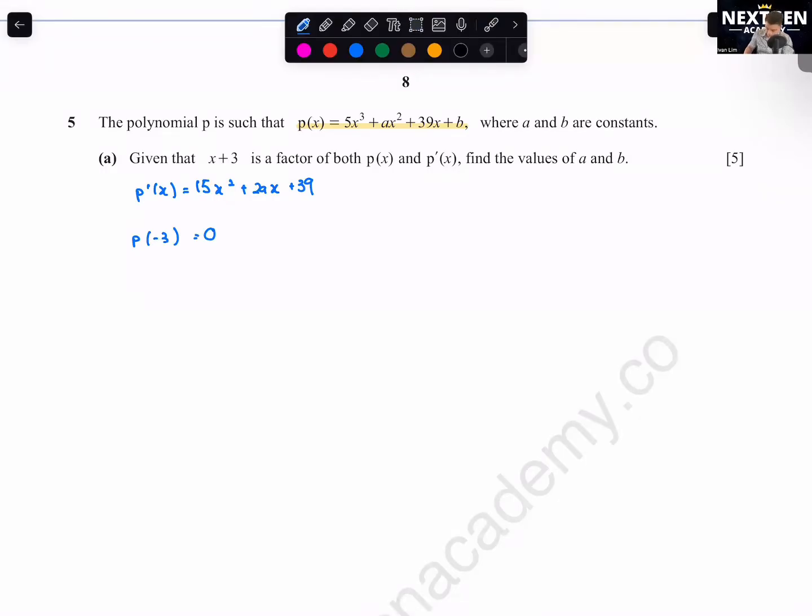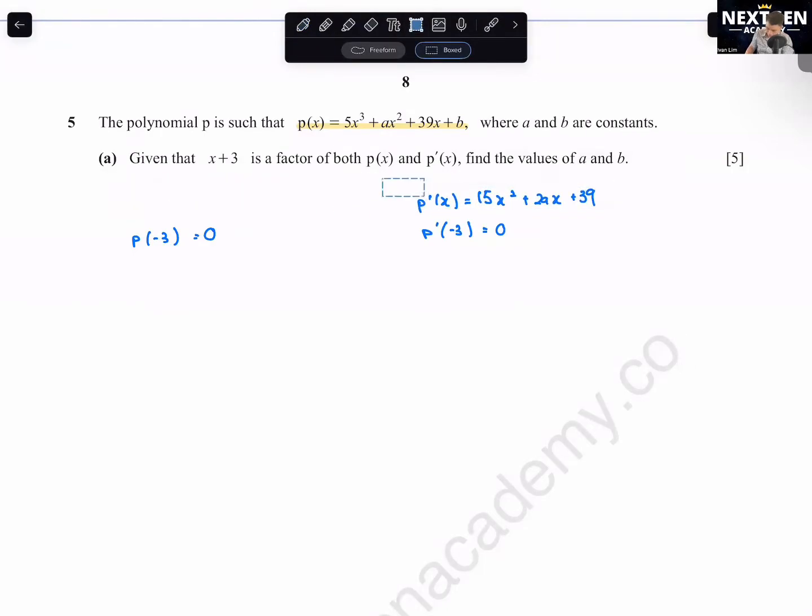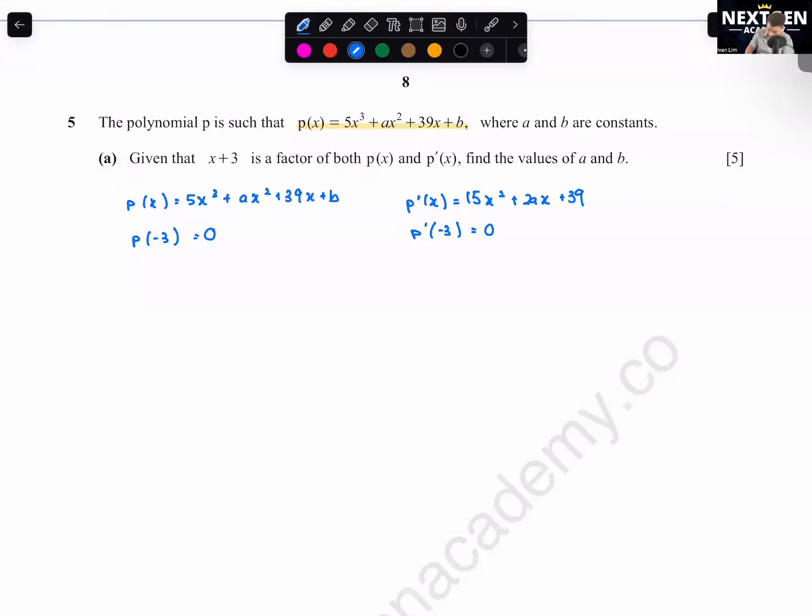And then P prime negative 3 is equals to 0. Okay, let's write down the px again. Px equals to 5x cubed plus ax squared plus 39x plus b. Okay, let's go and solve for both of this.